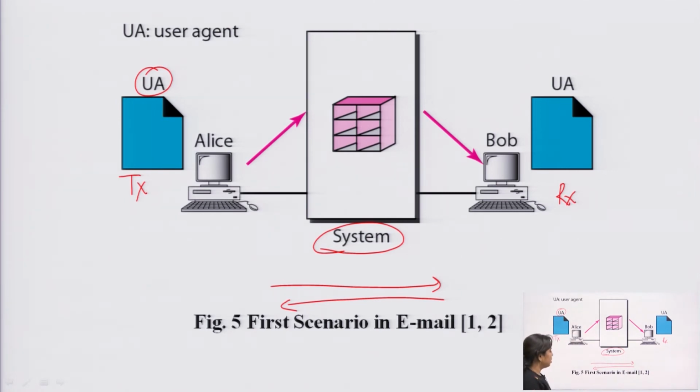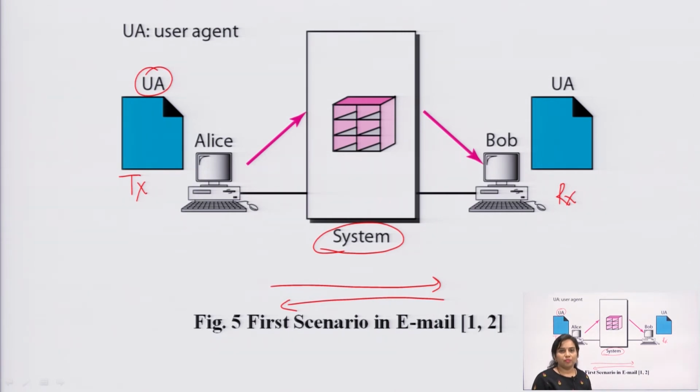So, that is the first scenario in email: the user agent present in Alice's system will transfer the data through this system to the user agent of Bob.